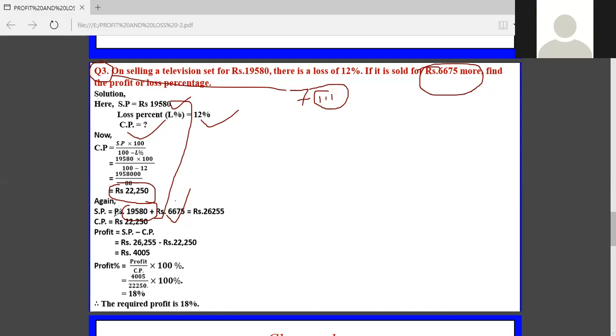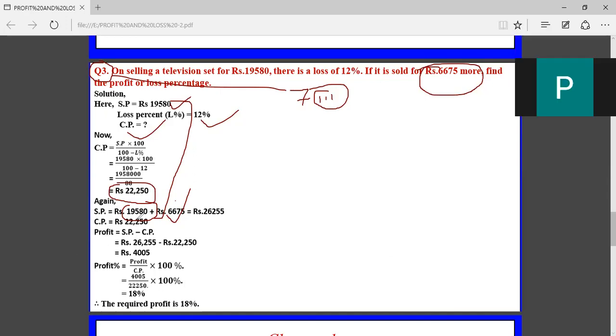Okay, understood, children? Sir, can you tell it again? From the first question, we found the CP 22,250. Okay. Now, the second question tells that if how much money was taken more?